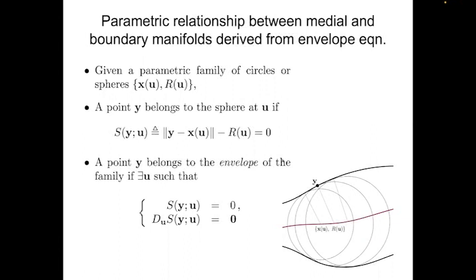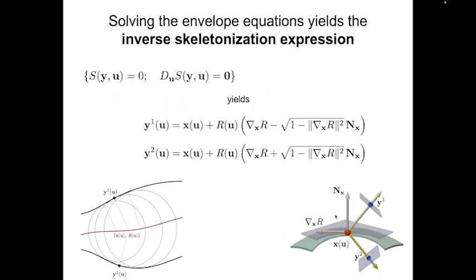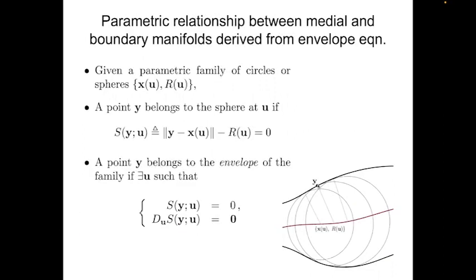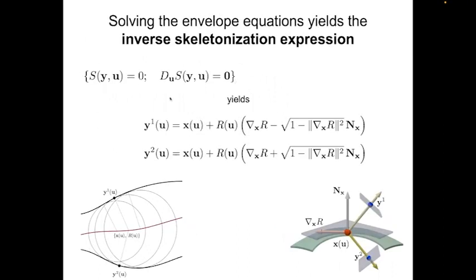And this set of equations can be reformulated to give you a pair of points Y corresponding to every U. Remember the generic case, or the most common case, is that a maximal inscribed disk or sphere is bitangent to the boundary. So these points are going to be the opposite ends of the medial axis, and they're going to be given by the expression X of U plus R of U, multiplied by a vector expression.